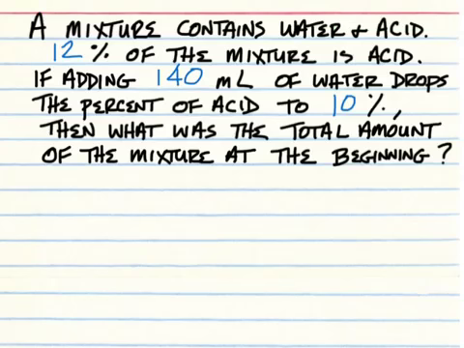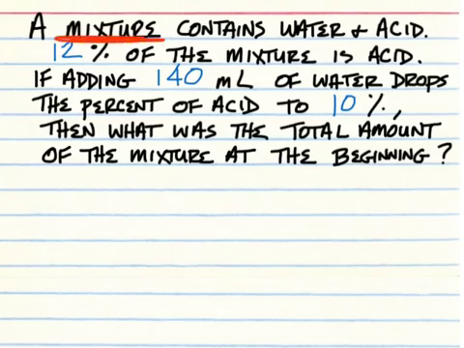Practice number 1. A mixture contains water and acid. 12% of the mixture is acid. If adding 140 milliliters of water drops the percent of acid to 10%, then what was the total amount of the mixture at the beginning? For the solution, we have to figure out what the beginning total is.